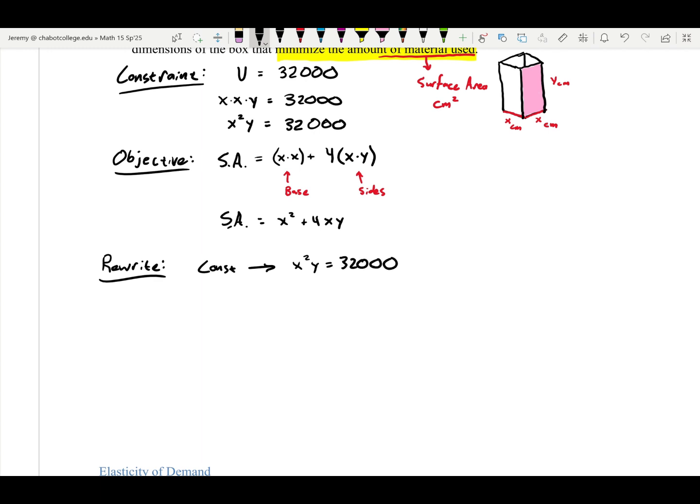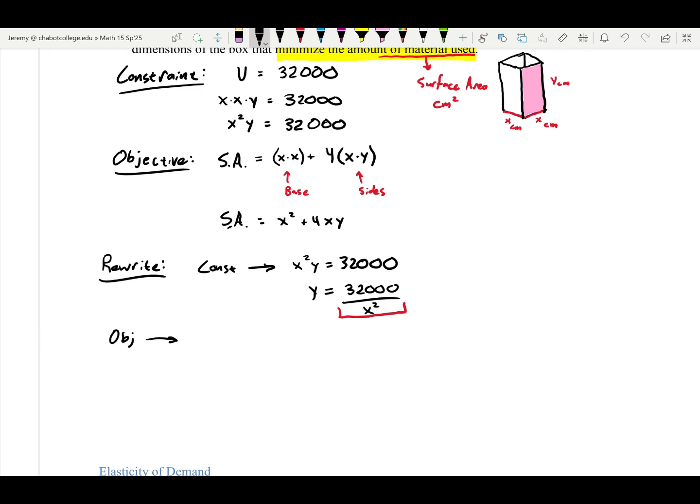I'll isolate one of the variables. Y is looking like an easy target here. Just divide both sides of the equation by x squared. So here's our rewritten constraint, and I can now take this 32,000 over x squared and plug it in for y in my objective.